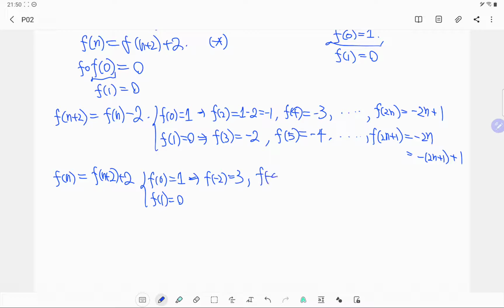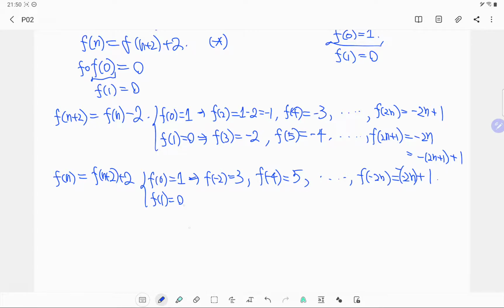And f(-4) is equal to 3 plus 2, which is 5, etc. etc. So finally we can have f(-2n) is equal to 2n plus 1.